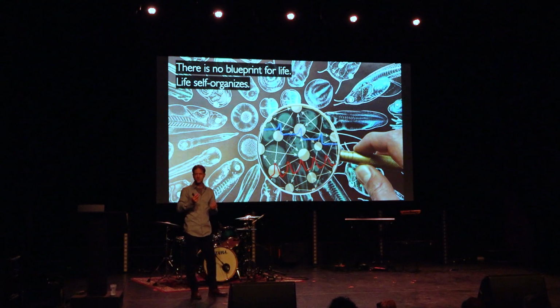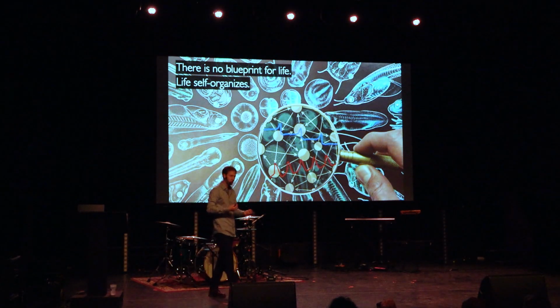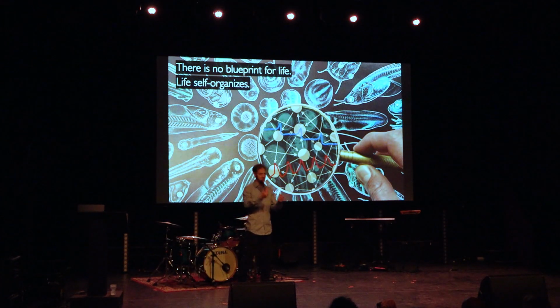Instead, they're often just interactions of many components. All of these molecules interact with each other. The cells interact with each other, following local rules, using energy and taking information from the environment. And they just organize themselves. So there's no blueprint of life. Instead, there's just the process where the living matter is organizing itself one step after another.